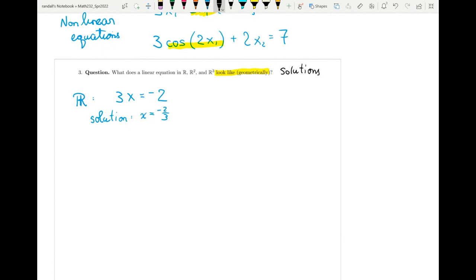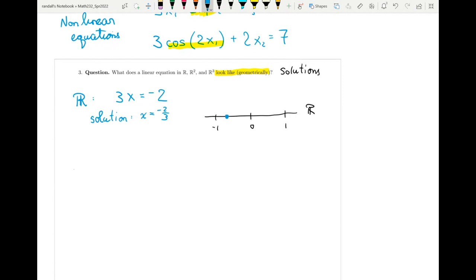If I drew it on the number line, so there's 1 and there's minus 1, this line is R. Then I can see this equation's solution is right here. It's just a point on the line.